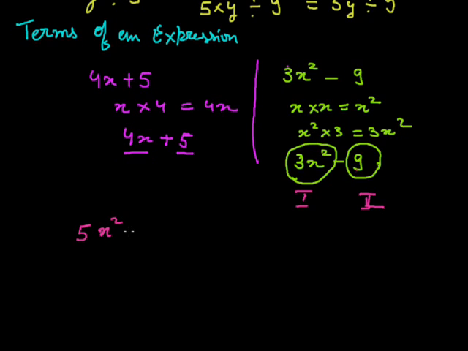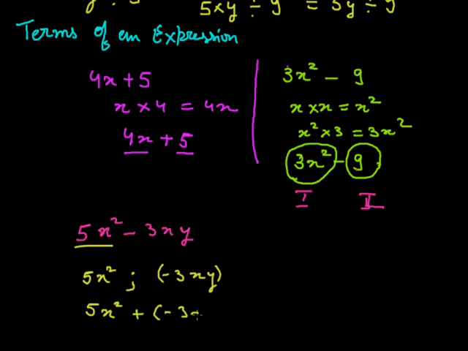5x square minus 3xy. Here again we have two terms. The first term is 5x square and the second term is minus 3xy. So we have obtained this expression by adding the two terms, that is 5x square plus minus 3xy.